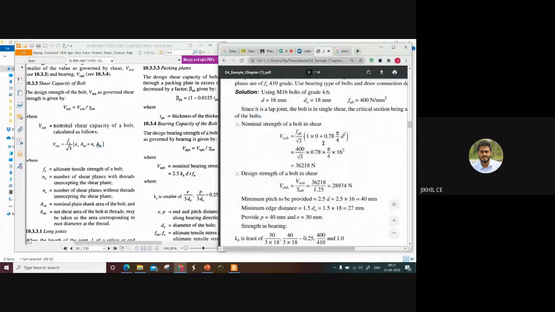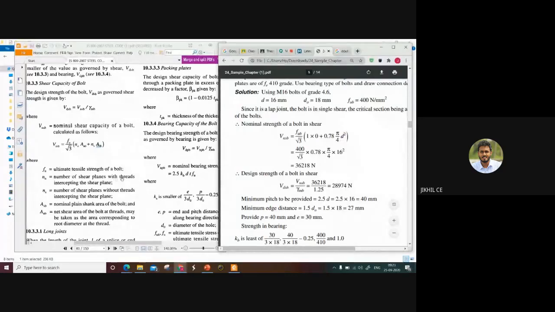That's why we are taking the equation at the threaded portion. ANB is equal to 0.78 into pi by 4 d square.